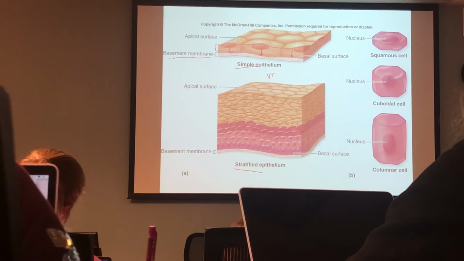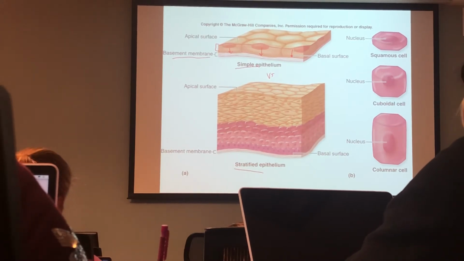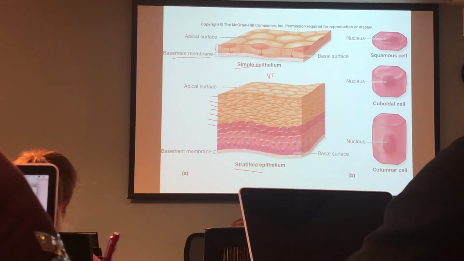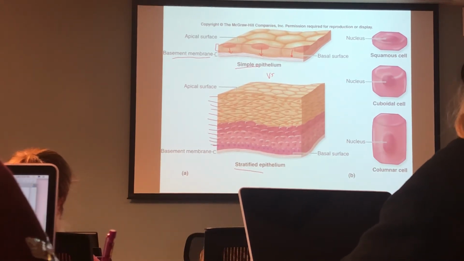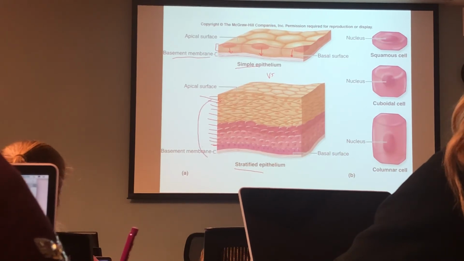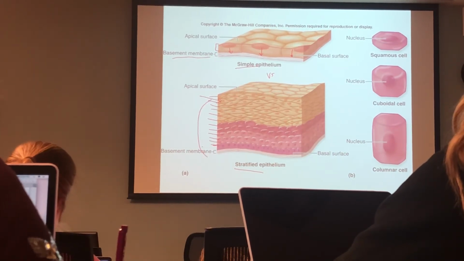In a simple epithelium, each cell touches the basement membrane. In a stratified epithelium, you have multiple layers of cells. Is this cell at the top here connected to the basement membrane? No, it's not, so it is stratified, multi-layered.